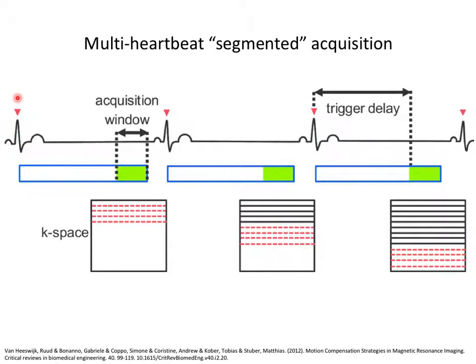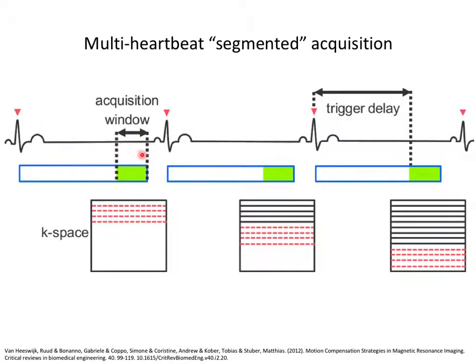So if the person had absolutely rock solid heart rate, say they have 75 beats per minute and it just doesn't change, then that's fantastic, right? Then you're going to get a bunch of heart beats that look the same, and we can essentially limit our MRI acquisition to a region inside the R to R in which the heart is essentially the same form or pose. Geometrically, it's not moving.